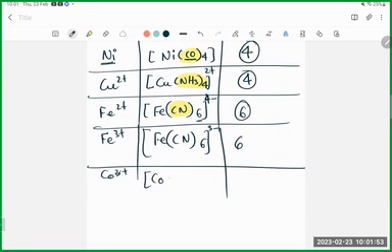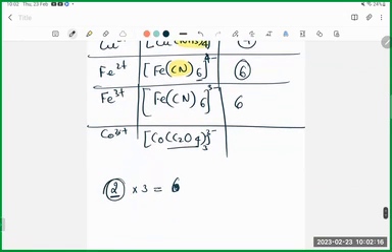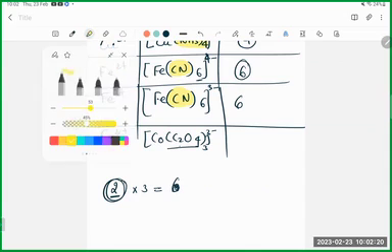Now let's do this, which is quite different. Cobalt, [Co(C2O4)3], over here inside the sphere. Oxalato is bidentate. It means it ligates with 2 lone pairs of electrons. It means we multiply this 2 with the 3. So how many bonds will be formed? Total 6. Did you understand? So it depends on the nature of the ligands. All these are similar, and this is quite different.